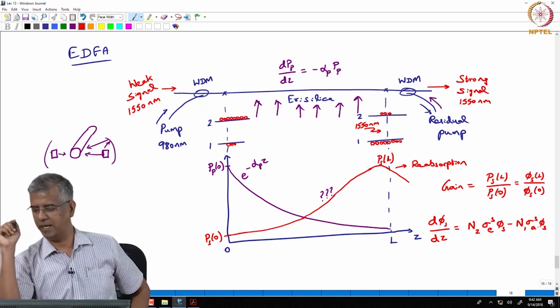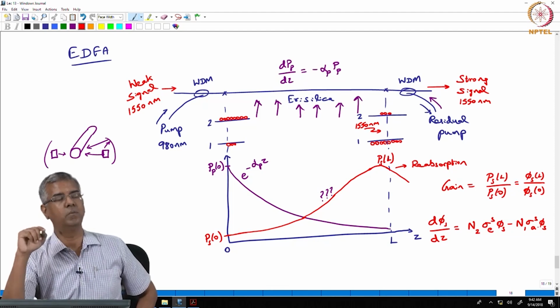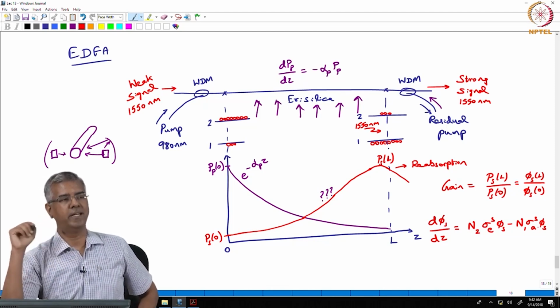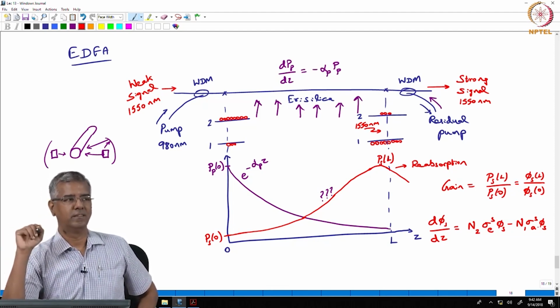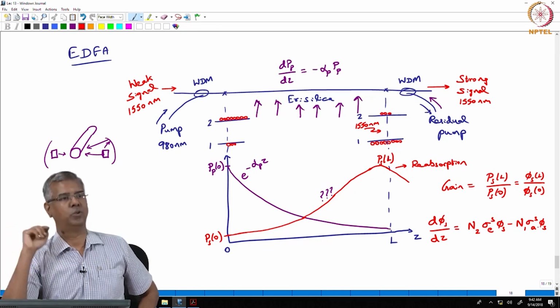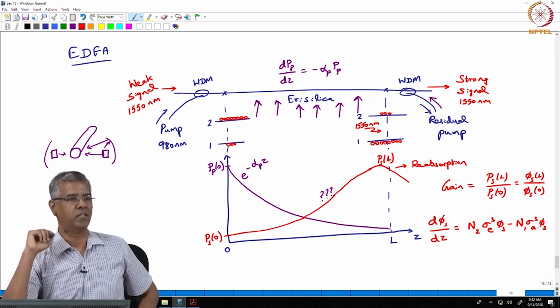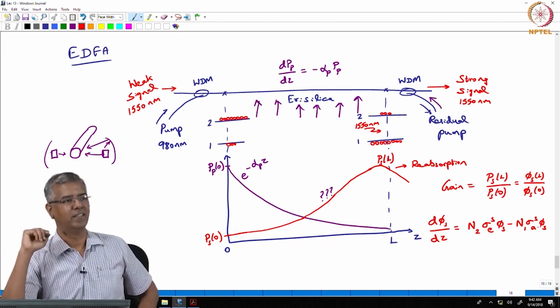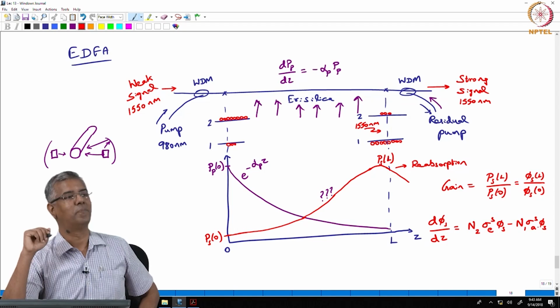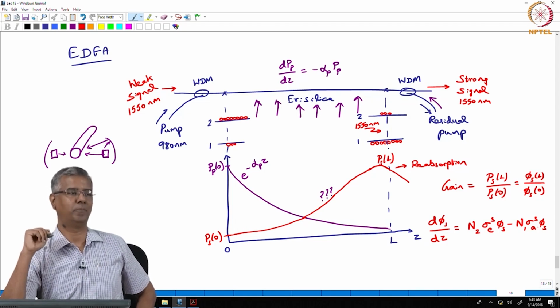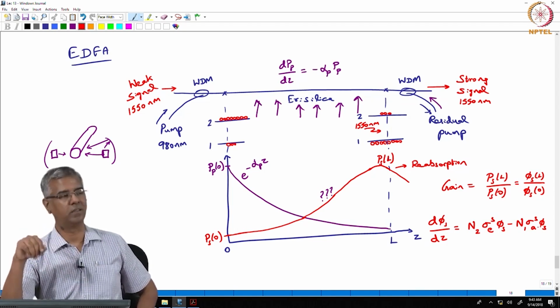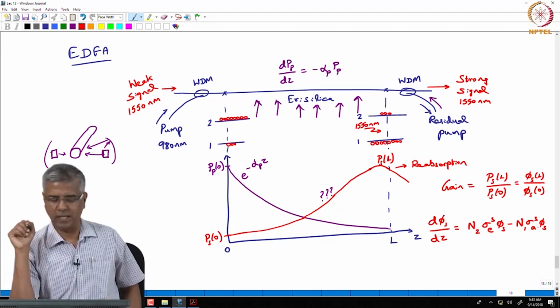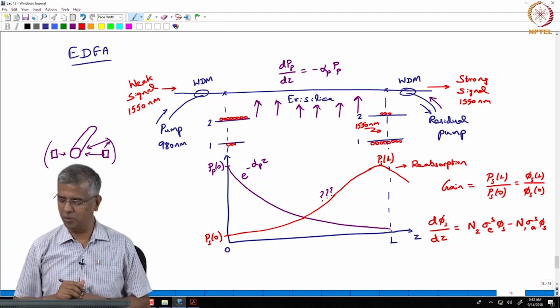And what determines n2 of z and n1 of z? Certainly it depends on the total amount of doping that you have done, but what else? The pump excitation that you have at that particular time, at that particular location. So that is what makes this a little more interesting.